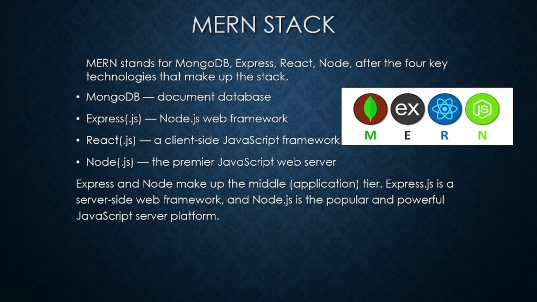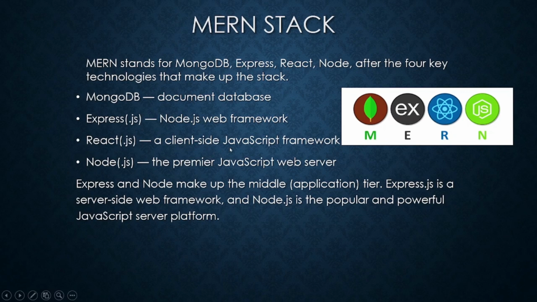MERN Stack. What is MERN Stack? MERN stands for MongoDB, Express, React, Node, after the four key technologies that make up the stack. MongoDB is for the database. Express.js is a Node.js web framework.